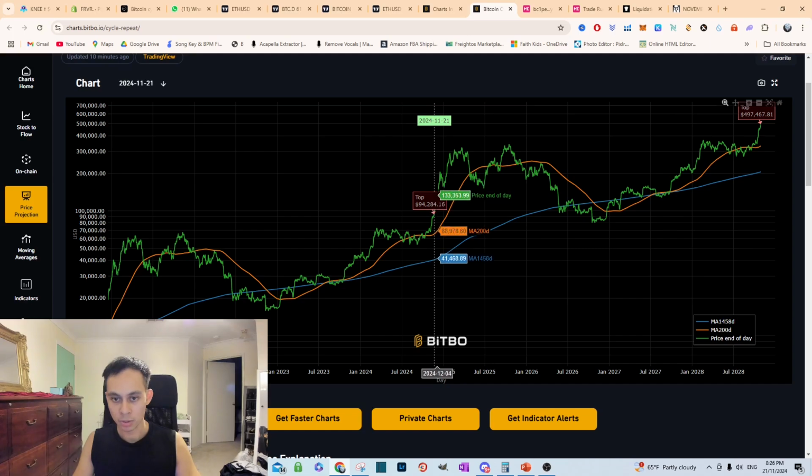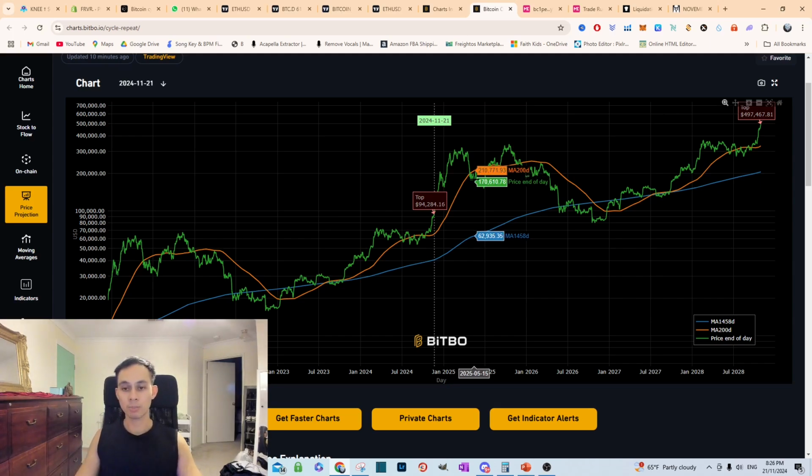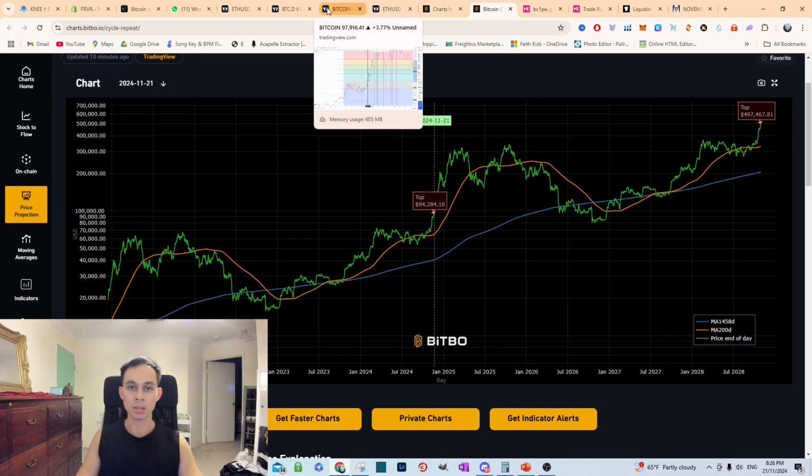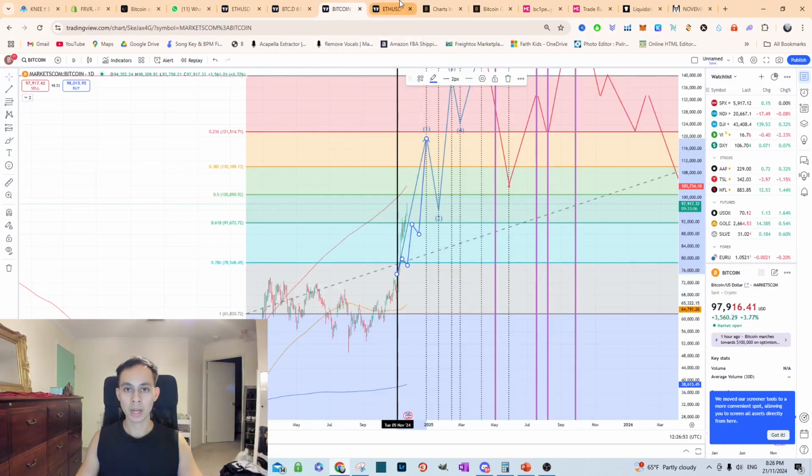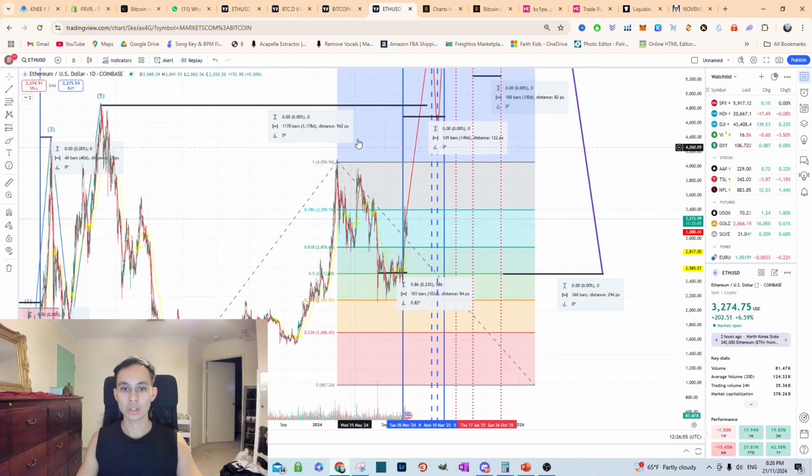If this follows as indicated, we have pretty much 180k Bitcoin by the end of the year. And it's looking like a 300k Bitcoin top before an alt cycle starts. So yeah, that's pretty good too. If that's the case, then I'm wrong. If that's not the case, then I'll stick to my analysis and follow these trend lines.